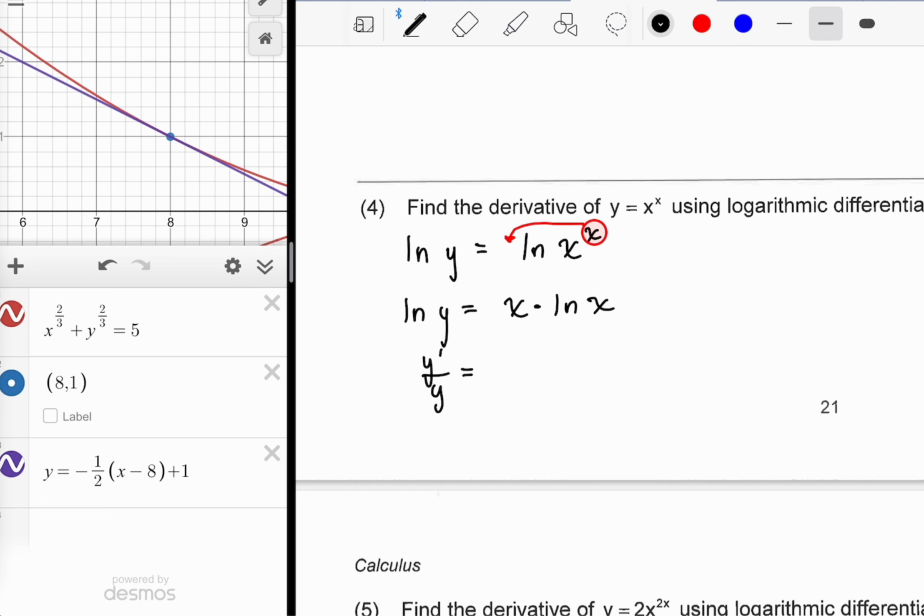On the right-hand side, the first function times the derivative of the second, plus the second function times the derivative of the first.